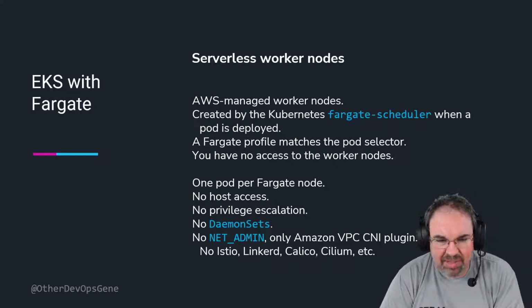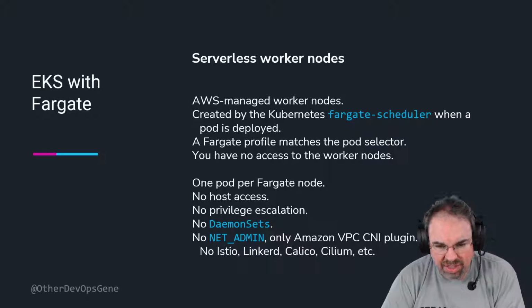The big thing that you may run into is if you're using CNI, container network interfaces, or service meshes to control the communication within the cluster, the intra-cluster communication. Things like Istio or Linkerd being service meshes, or just regular CNI offerings like Calico or Cilium.